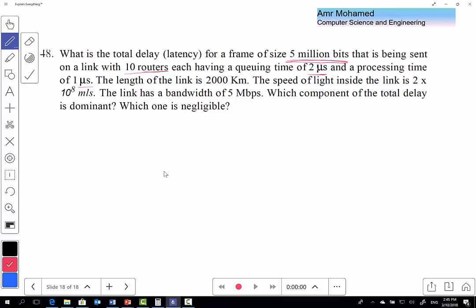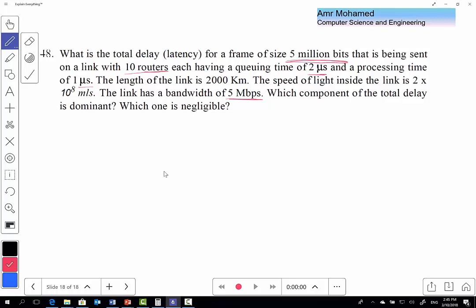So these 2 microseconds and 1 microsecond happen at every router. The length of the link is 2000 kilometers and the speed of light inside the link is 2 times 10 to the power 8, and the link has a bandwidth of 5 megabits per second.